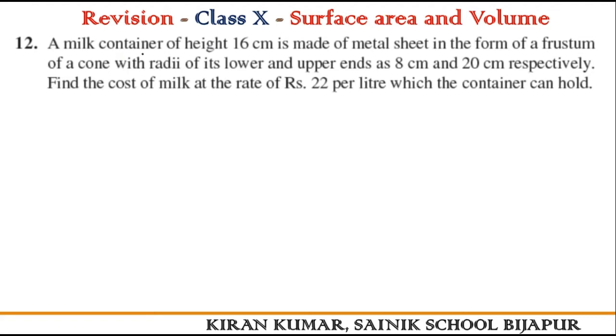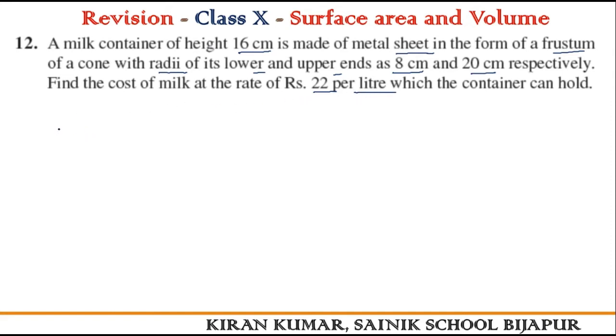A milk container of height 16 centimeter is made of metal sheet in the form of frustum of a cone with the radii of its lower and upper ends as 8 centimeter and 20 centimeter respectively. Find the cost of the milk at the rate of rupees 22 per liter, which the container can hold.